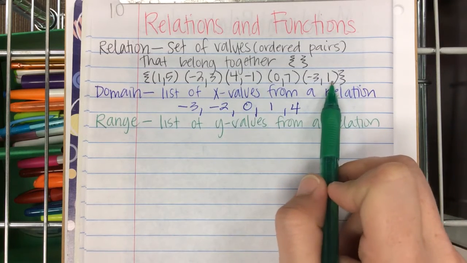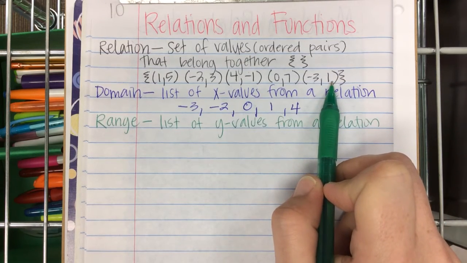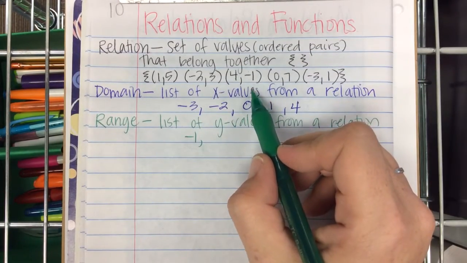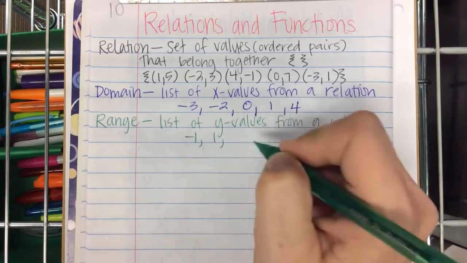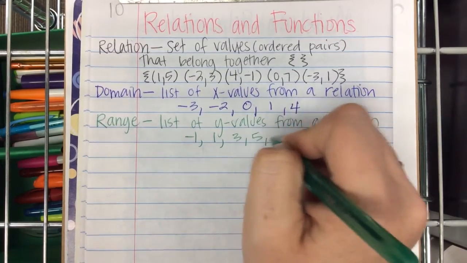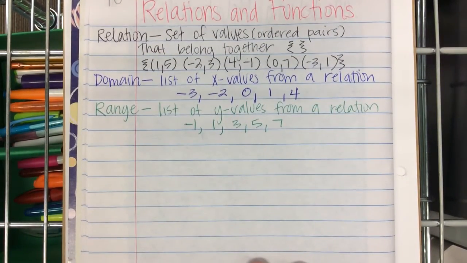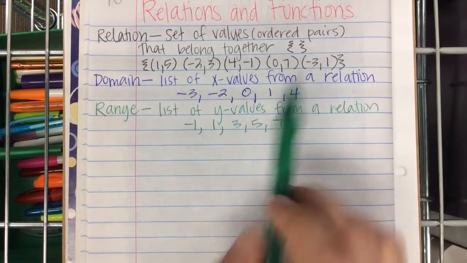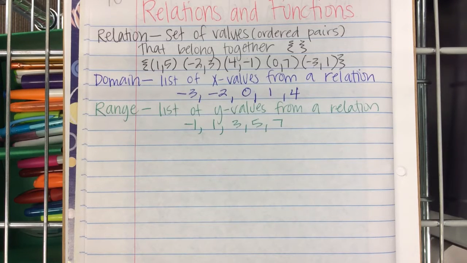But what do you think I want to do with them? Put them in order. -1, 1, 3, 5, 7. Is that right? Yeah. So do you feel confident that if given a relation, you can identify the domains and the ranges? It's just the x and the y values.